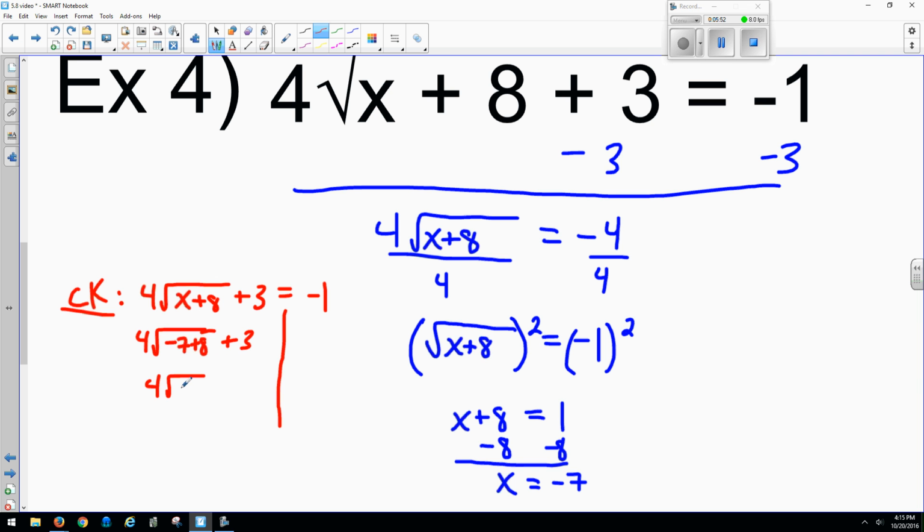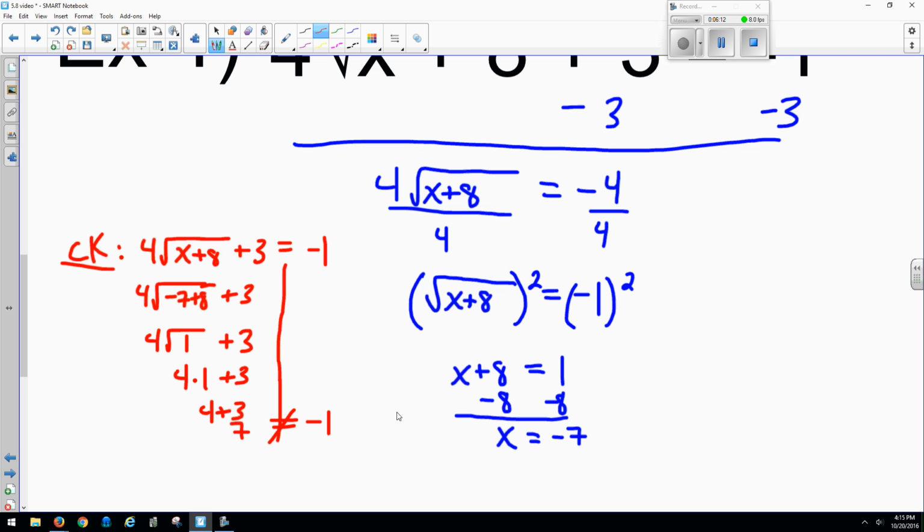So 4 times the square root of 1. 4 plus 3 is not negative 1. It helps if you make that noise.